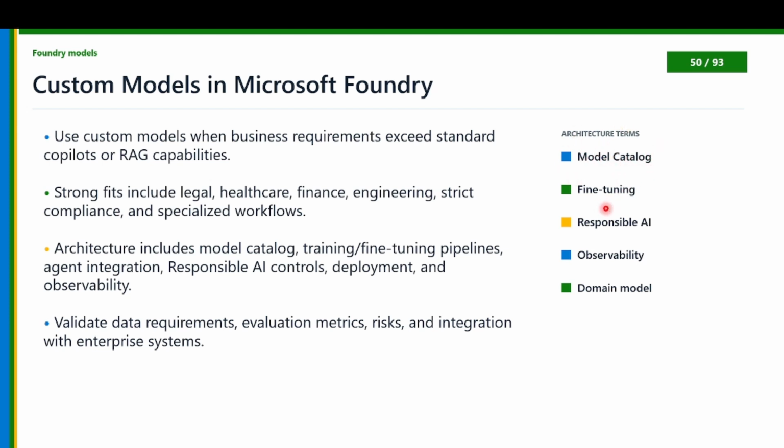So you have the model catalog, you have the fine-tuning platform where you can fine-tune prompts, fine-tune the agent, and train it using company data to reduce the complexity of the agent. Then you have responsible AI. Even in Copilot, you have all the fairness, accountability, responsibility. You have all the pillars of responsible AI, even in Azure Foundry.